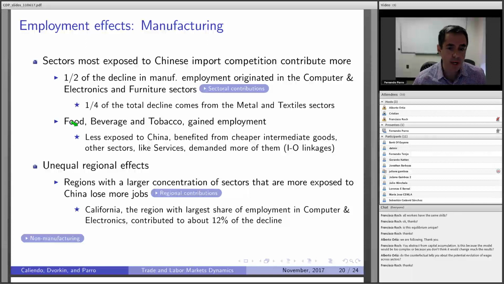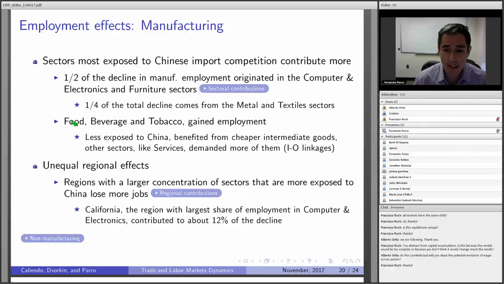Since we have a general equilibrium model, we can say much more about employment effects. Here I'm just going to mention a couple of results. Unfortunately, I cannot go to the hyperlinks, but first we compute which manufacturing sectors explain this decline in manufacturing employment.